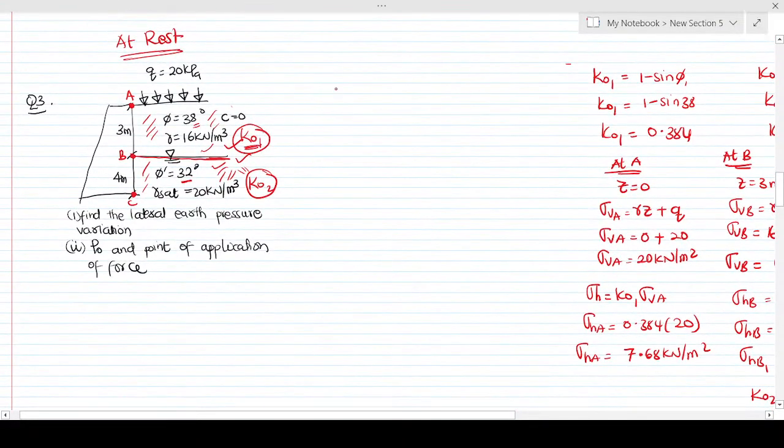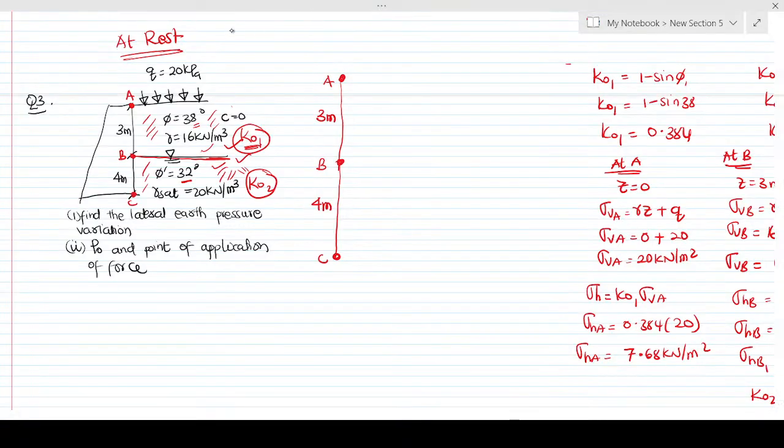I want to draw the variation, so let me draw my retaining wall first. This is my point P, this is my point B, and this is my point C. Right? At point P, the height is 3, here 4.